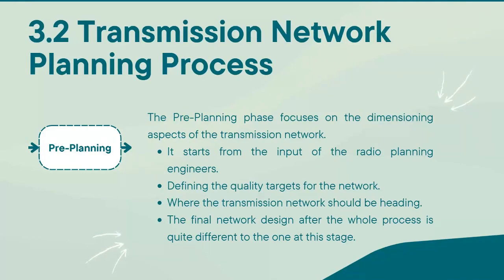If defined, even the topology principle that would be used in the transmission network is formed. Thus, the final network design after the whole process is quite different from the one at the start, so all along the media of transmission is considered.